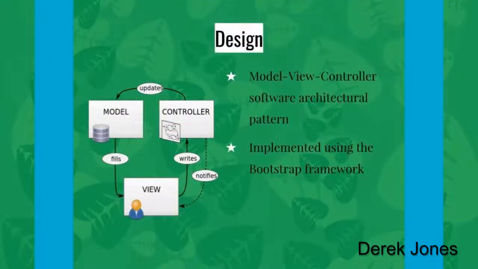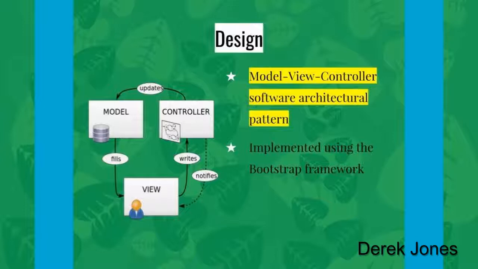So the simplest and most important part of the project is the design. We wanted to find something that was modular and easy to work with, as well as an easy way to divide our project among our 6 members. To do this, we chose to use the Model View Controller software architectural pattern.